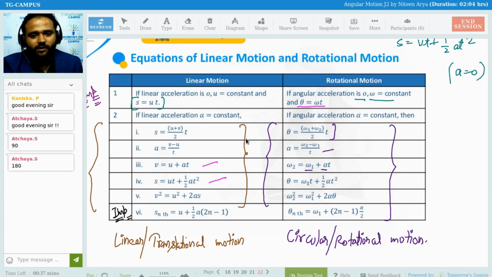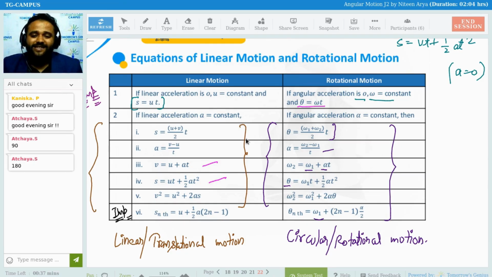In linear translation motion, we find displacement. Here we find angular displacement. So theta is omega 1, the initial angular velocity, into t plus half into alpha t square. And omega 2 square equals omega 1 square plus 2 alpha theta. And theta for the nth position, omega 1 plus 2n minus 1 into alpha by 2.